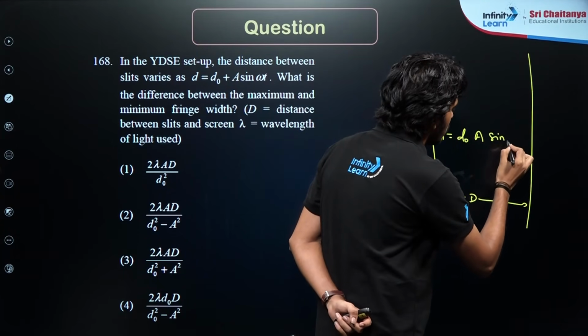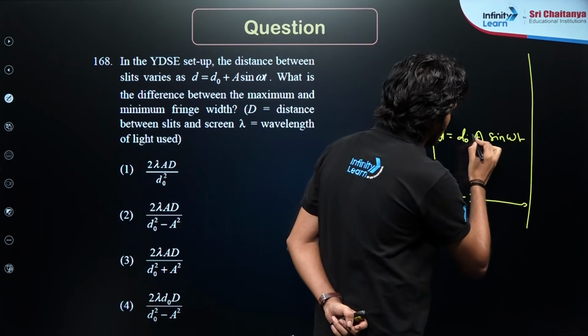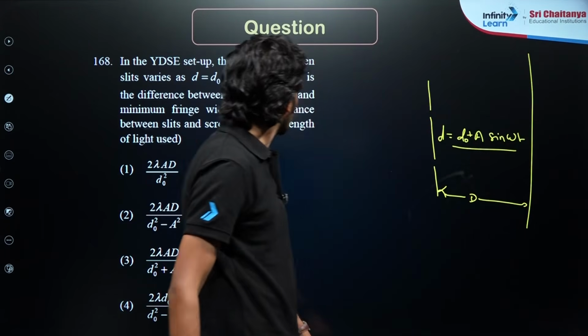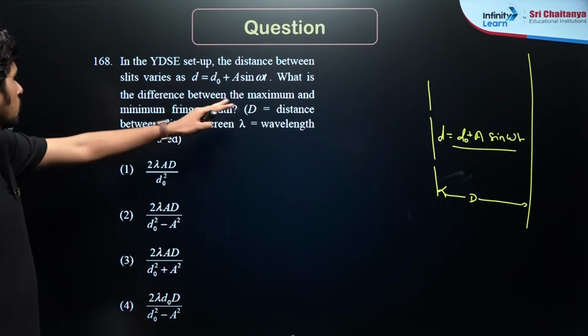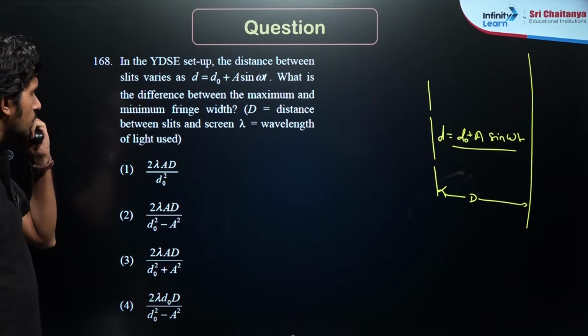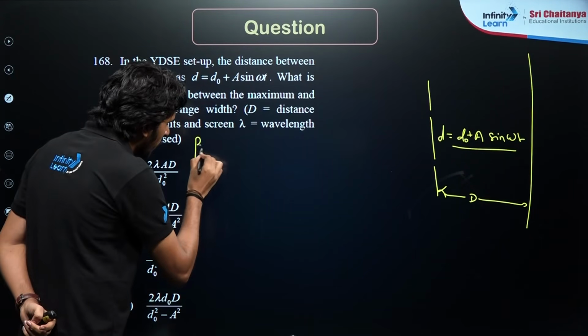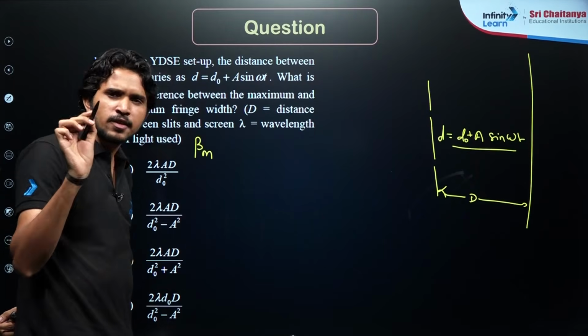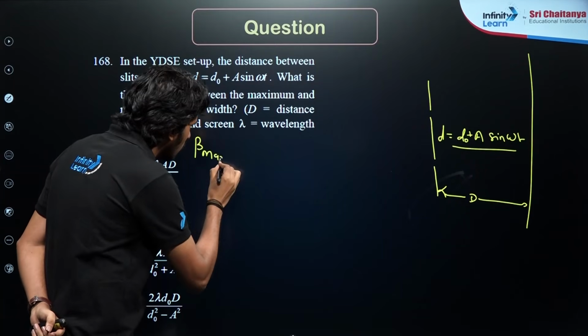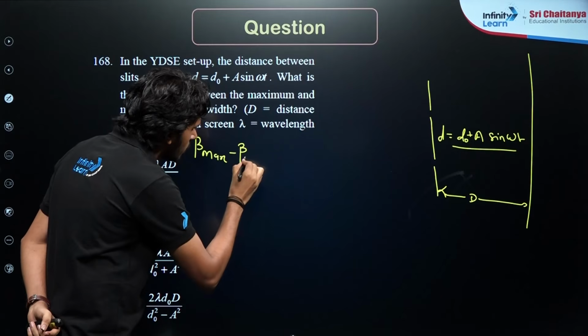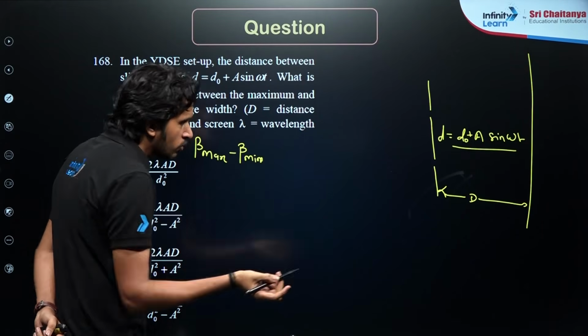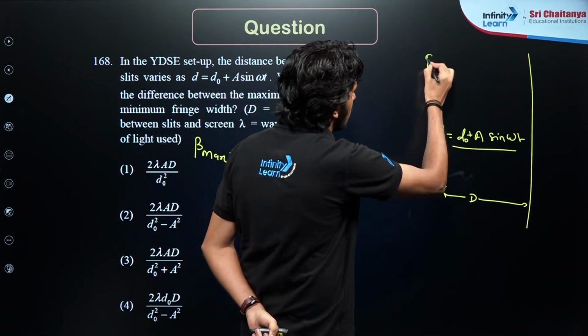Then what will be beta maximum minus beta minimum, the maximum fringe width minus the minimum? First of all, what is the formula for beta?